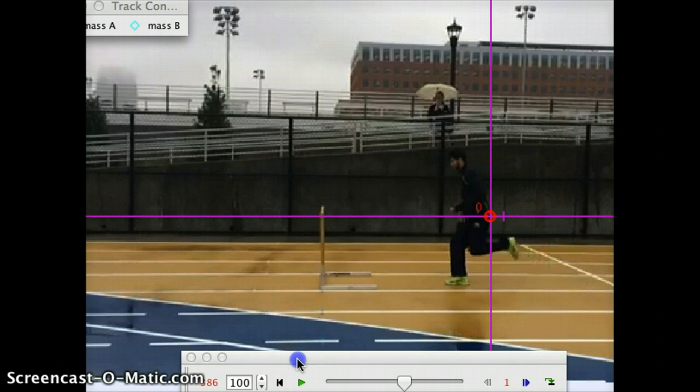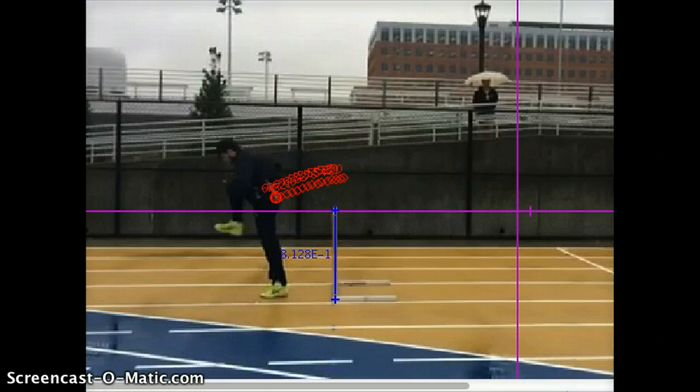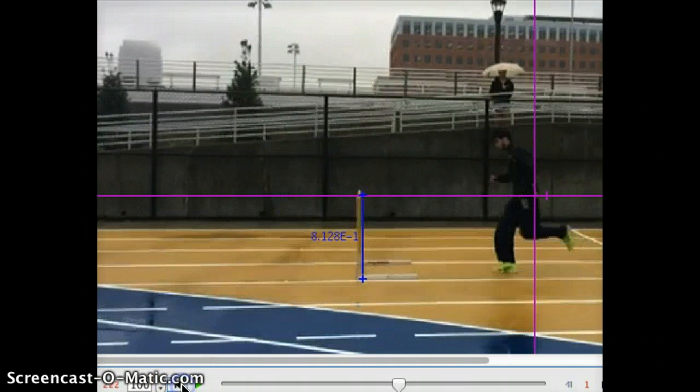So in Tracker, I tracked my friend hurdling on the track. I did a video of him successfully clearing the hurdle. I'll show you that here.